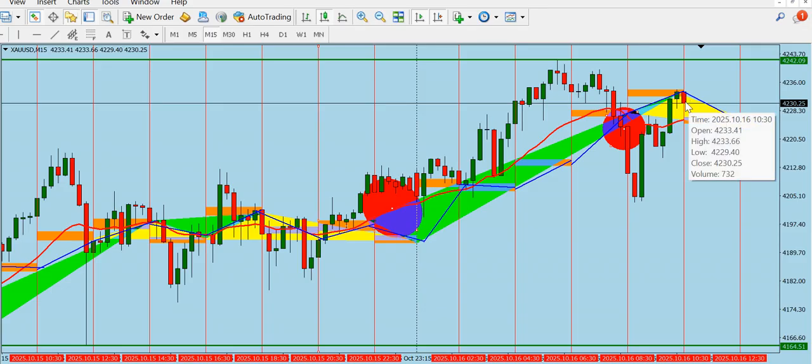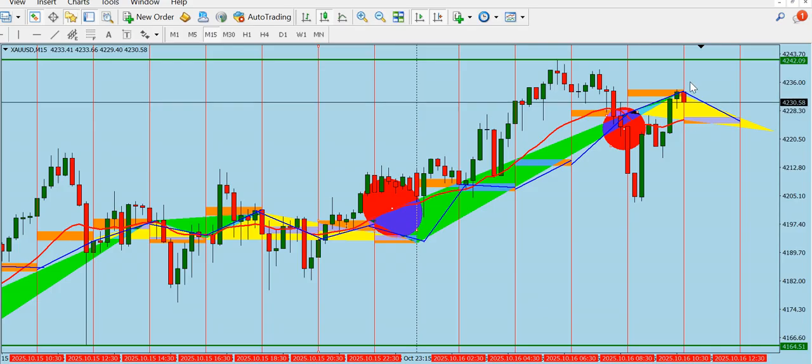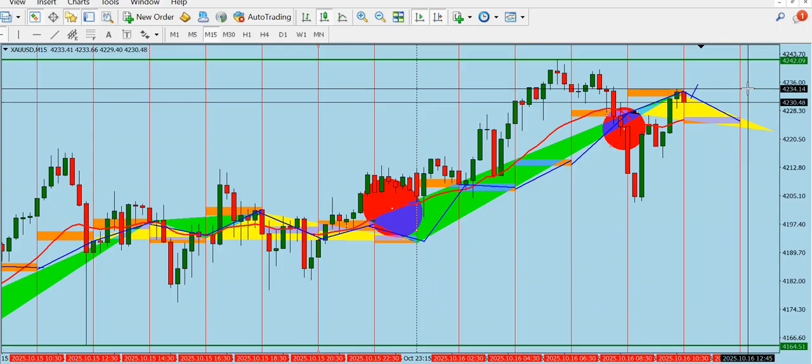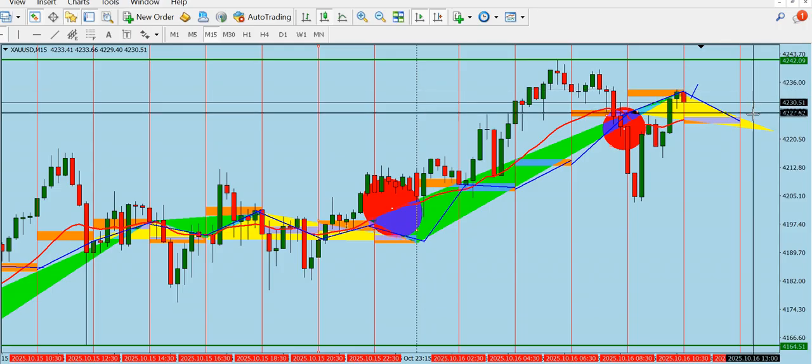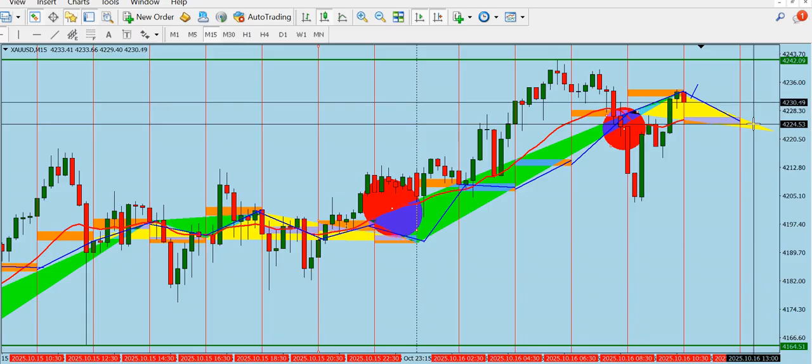But for now, price is in a range, between the rectangle, within the diagonal lines, and between this support, this resistance and this support. So until we have a break above everything or a break below everything around here, we don't take a position.